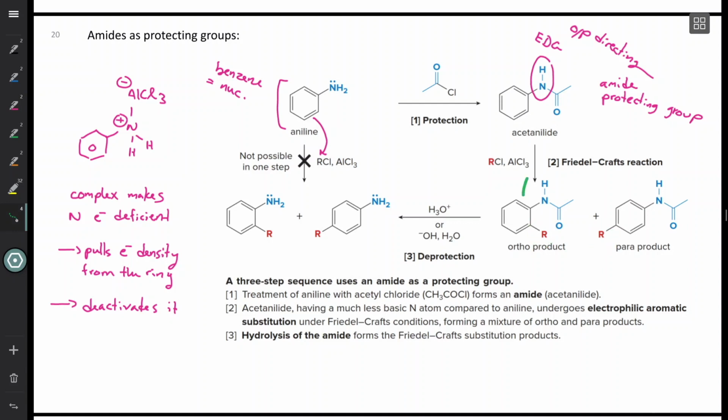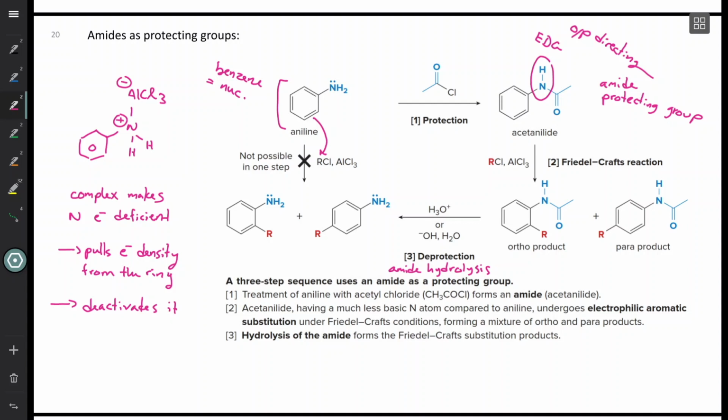And then if you don't want that amide, right, it was just a temporary thing, you deprotect. And so we've covered this. This is just an amide hydrolysis. And so you can get back to the amine.